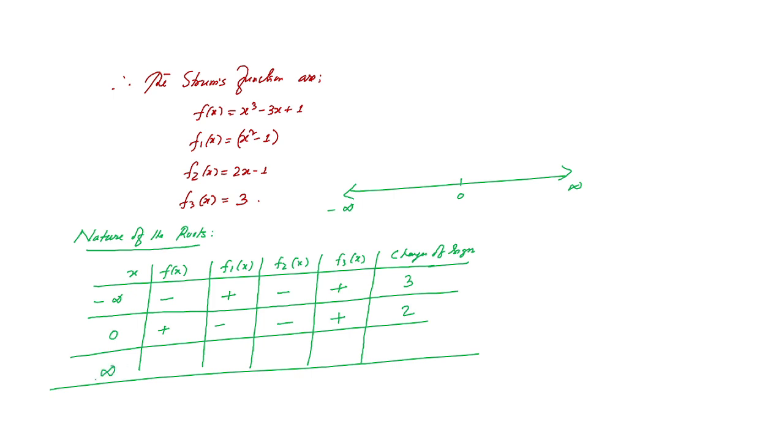Now think about infinity. If you put however large a number, that represents plus infinity. So at plus infinity it is positive, again positive, again positive. So there are no changes of sign. If we think about the positive real roots, we will think about 0 to infinity, how many excess changes of sign.